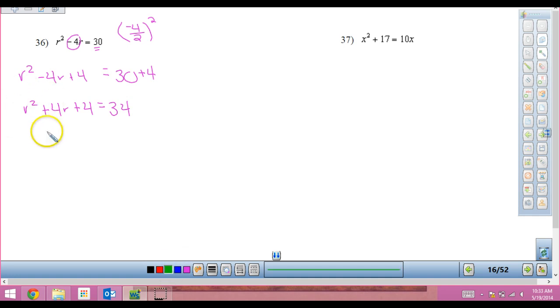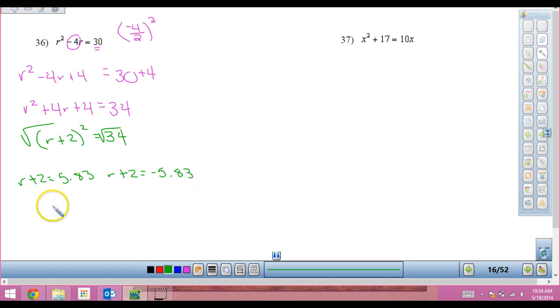Now we factor. R plus 2 squared equals 34. Square root both sides. We have r plus 2 equals, this is where we go two equations. Square root of 34 is 5.83. R plus 2 equals negative 5.83.